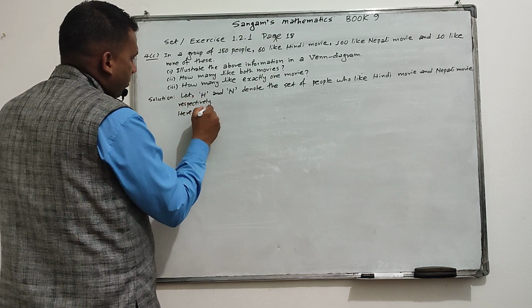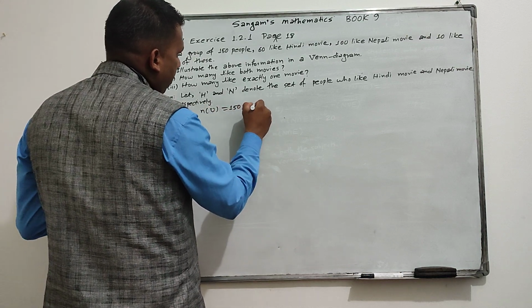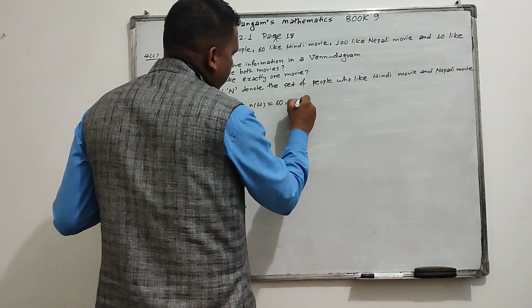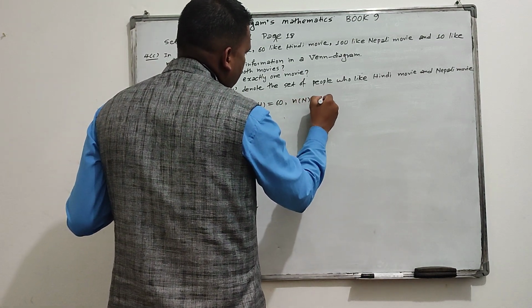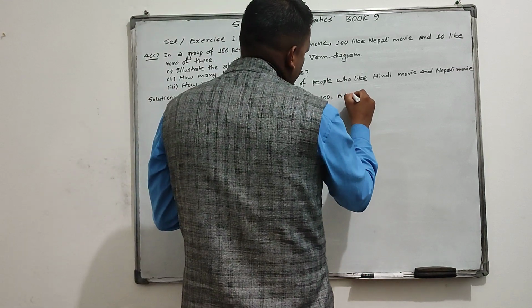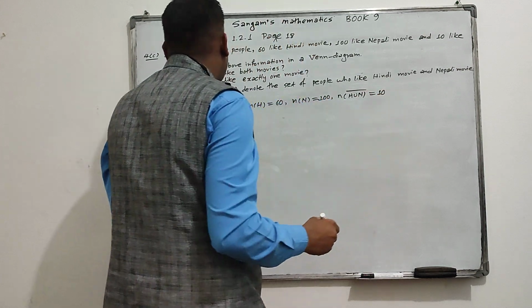Here n(U) is 150, n(H) is 60, n(N) is 100, and n((H union N) complement) is 10.